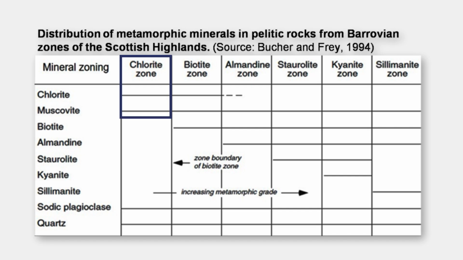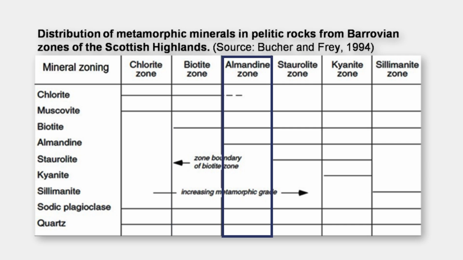It contains basically chlorite and muscovite. Muscovite is present throughout all the zones. It doesn't contain biotite, almandine, staurolite, kyanite or sillimanite, but sodic plagioclase and quartz are there.